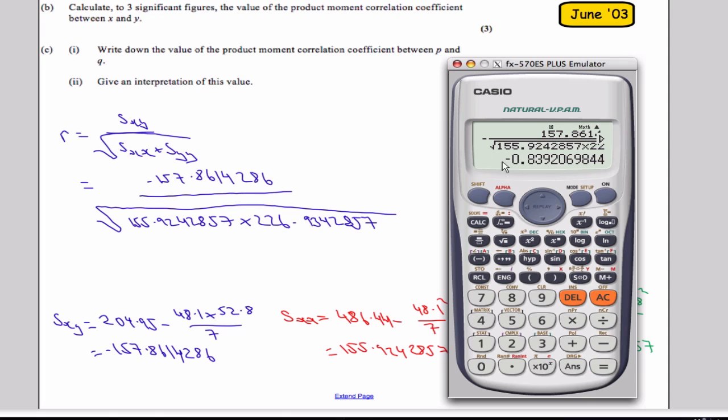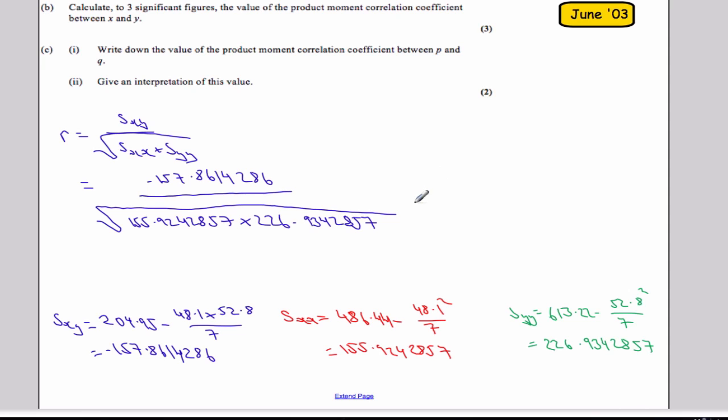In it goes, and out comes minus point. Let's go to 3 sig fig here. Minus 0.839. Alright, so that's the PMCC between X and Y.